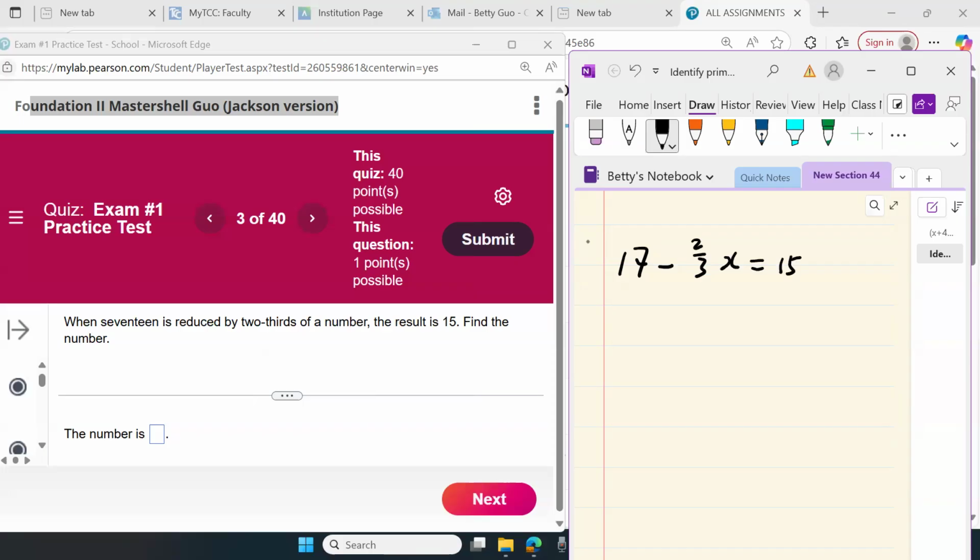We translate the sentence in English to an algebraic equation, right? When 17 is reduced by 2/3 of x, the number, the result is 15. And now let's solve this equation.